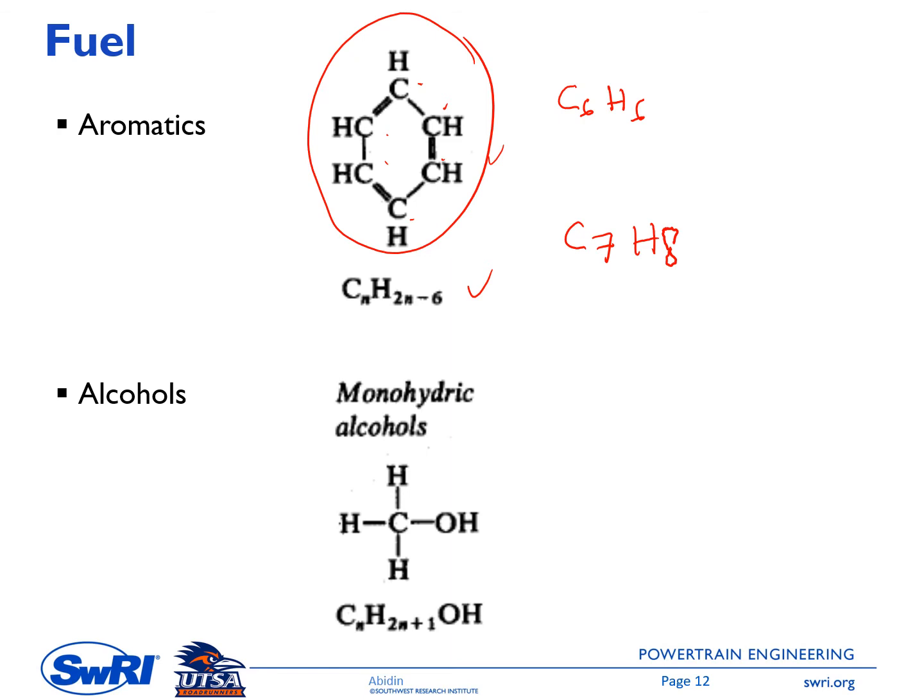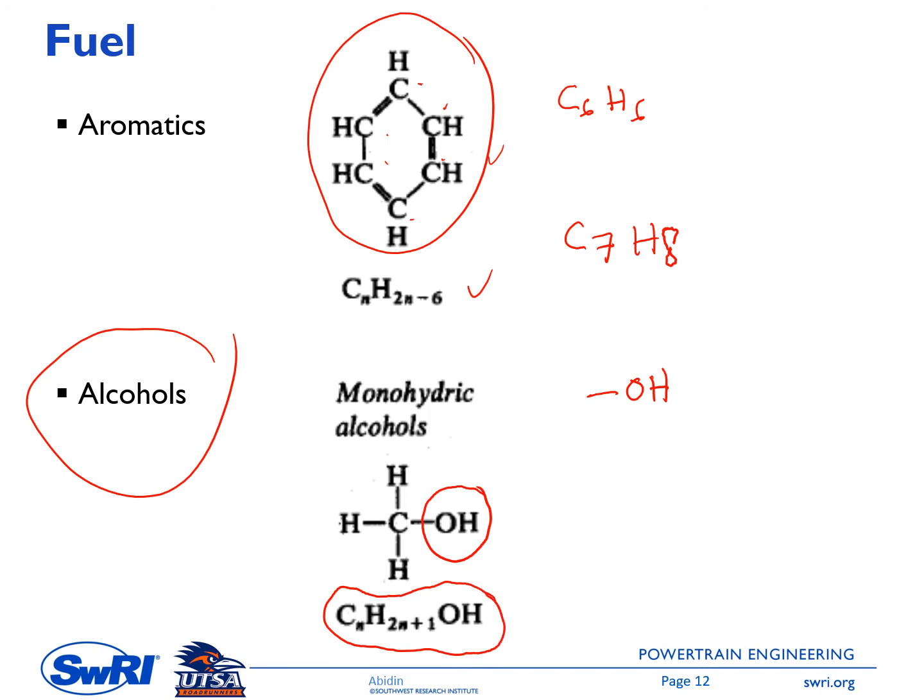Okay, the next class is called alcohol. In this compound, one hydroxyl group, OH, is substituted for one hydrogen atom. So in this case we have once again one OH as a substitution of one hydrogen atom. So this is the formula of this alcohol: CnH2n plus 1 OH.